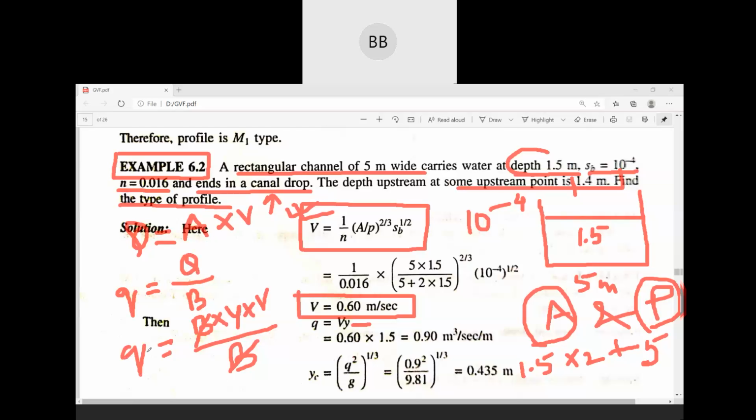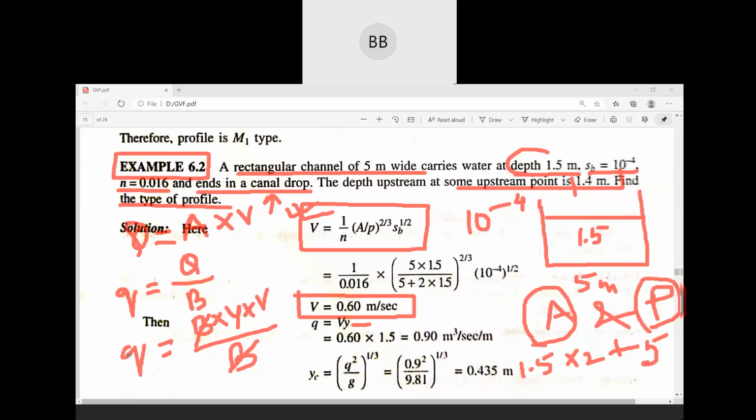So first, what we did, we found the velocity using Manning's equation, because Manning's n is already given in the question. If in place of Manning's n, Cauchy's constant is given, then we use Cauchy's equation to find out the velocity. Then after you get the velocity, you find out the discharge.